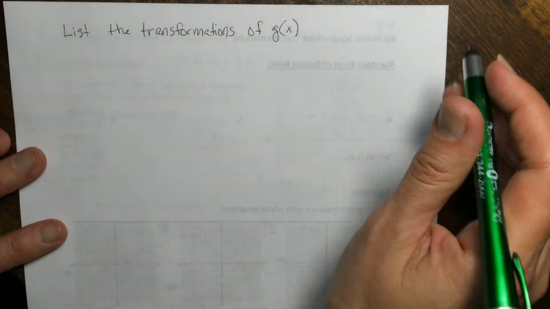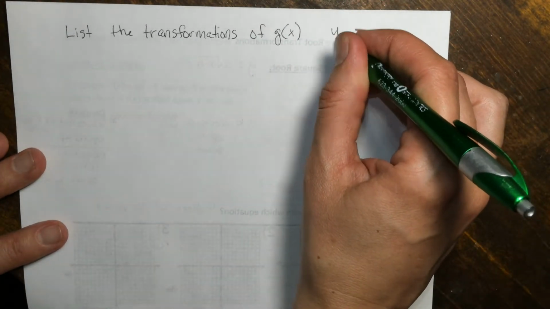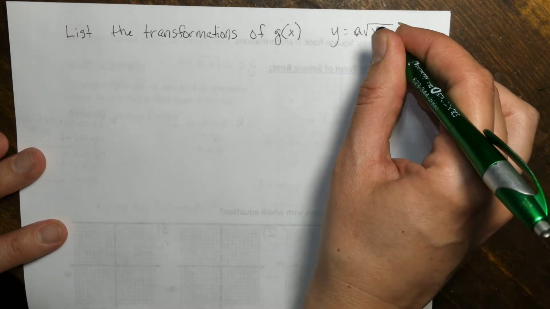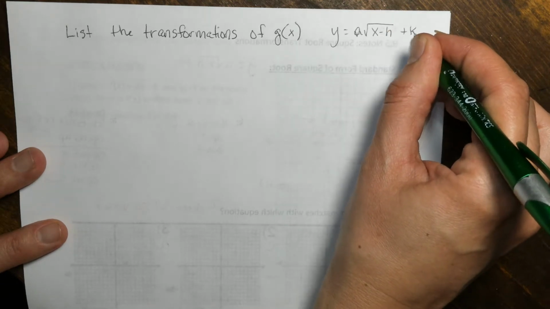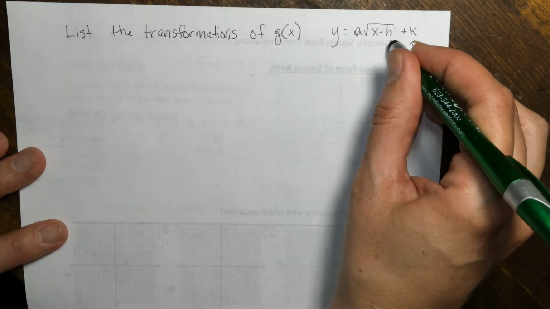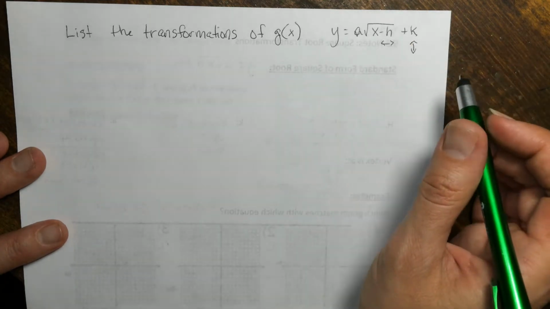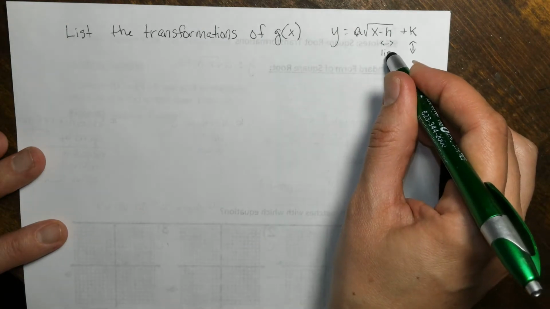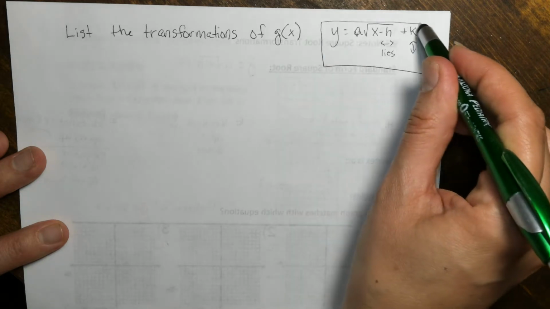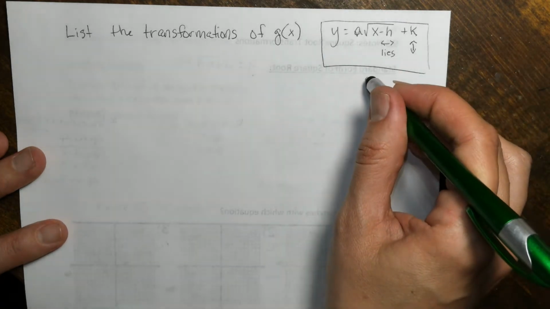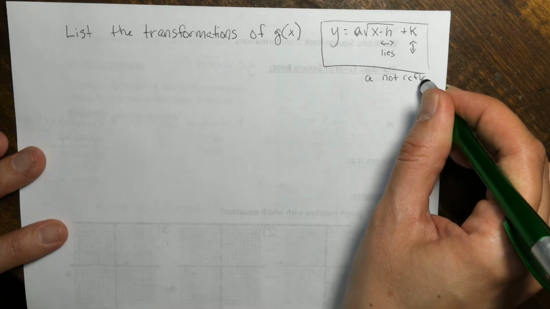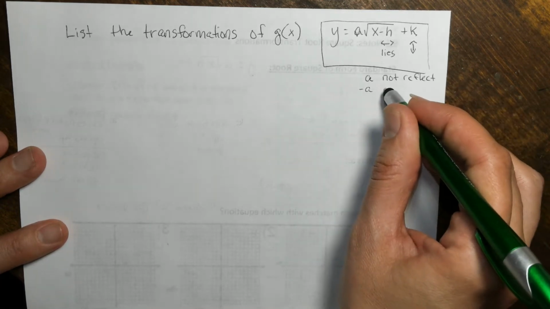And I always like to write a little reminder so that we can see the equation. We start with a, x minus h, plus k. Little reminders, k moves up and down, h moves left and right, and it lies, so you always have to do the opposite. We also have to remember that a, if it's positive, it does not reflect, but if a is negative, it reflects.